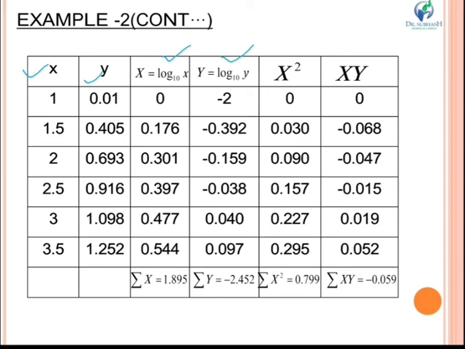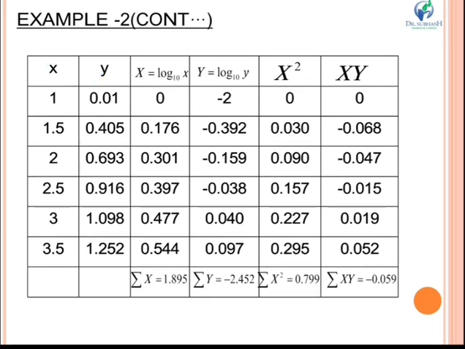Summation of capital X is 1.895 and summation of capital Y is minus 2.452. I will find the square of all the terms of x and I will add, and I get the answer as 0.799. And next column I will multiply capital X and capital Y. Each and every term I will multiply.